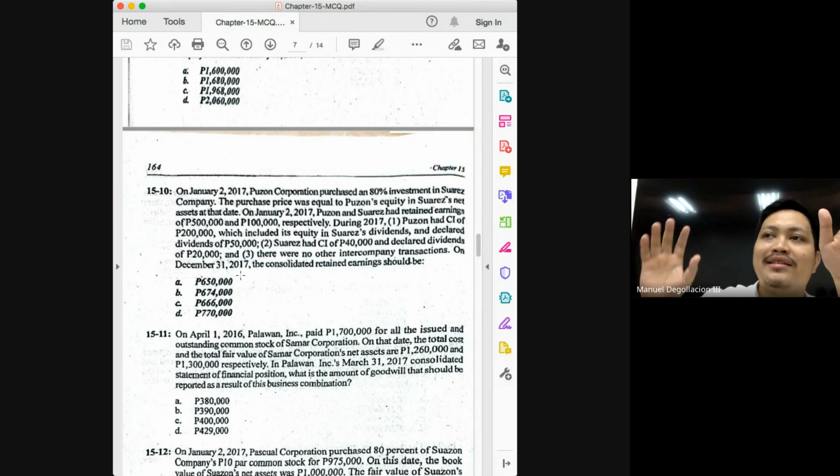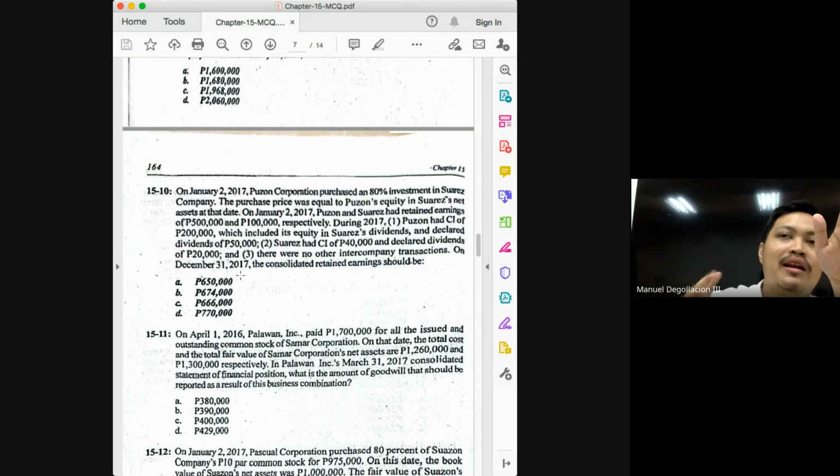Because where do we place the share of the non-controlling interest? Where do we put the share of the non-controlling interest in the income of the subsidiary? Where do we put the amount that we will remove from the consolidated income under the entity approach? It will be closed to your non-controlling interest account.